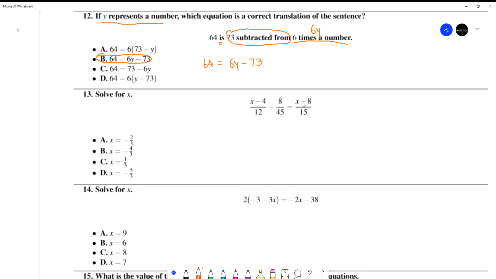Okay, so let's find the LCD. So I see that there's 12, 45, and 15. If you forgot, you can list out the multiples of 12.